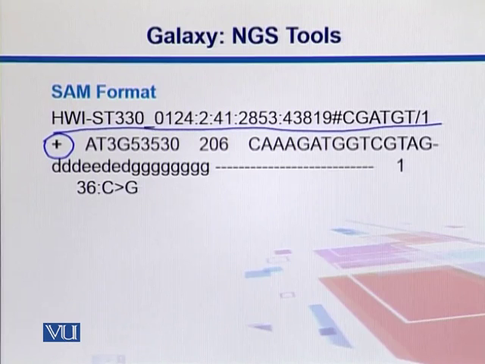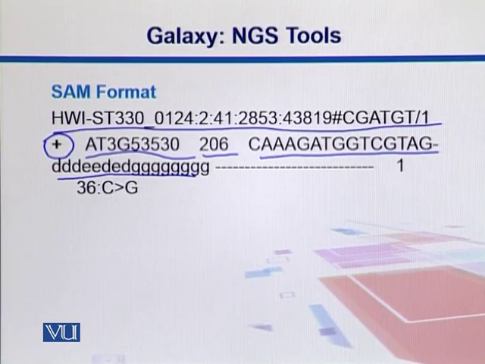Plus is where it's aligning to the plus strand, and the gene with which it's aligning is right here, and this is the nucleotide position at which this read aligns within that gene, and obviously the read sequence itself, followed by the qualities, and then we have a number that tells us that on position number 36 there was just one mismatch. There was C in the reference, which was replaced by G in this read. So this is how the alignment is reported. This format is called SAM format.